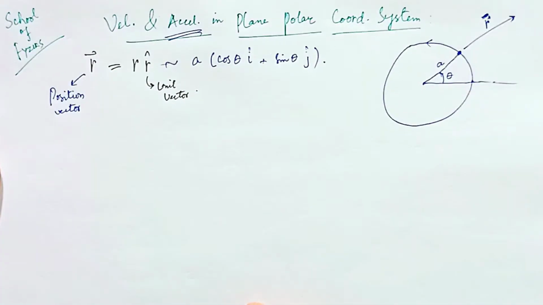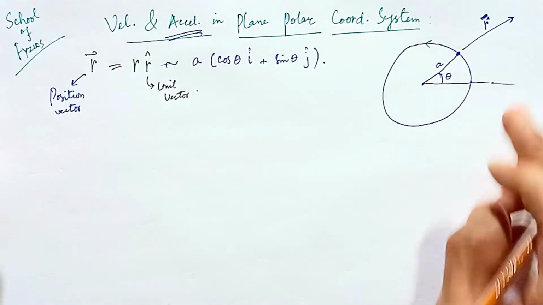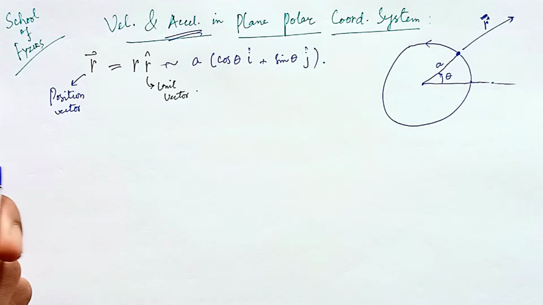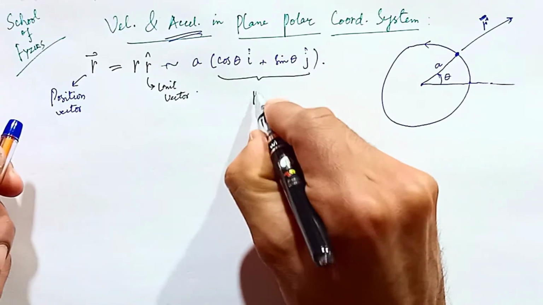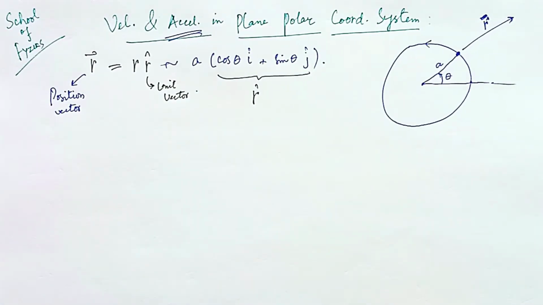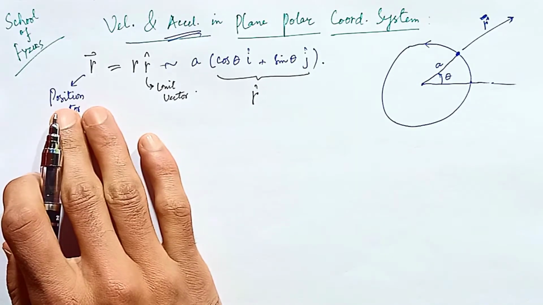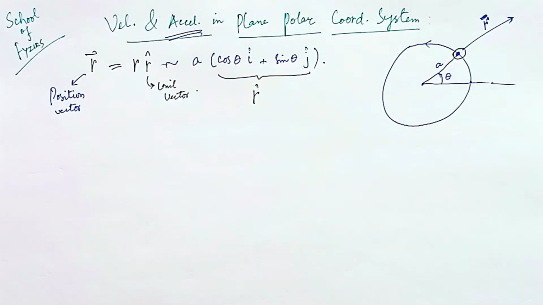This was the position vector of this very particle at any instant of time. Okay, so from that we can say that this very thing is represented by r. This gives the unit vector r hat. Fine, so this is the position vector of this very particle at any instant of time.